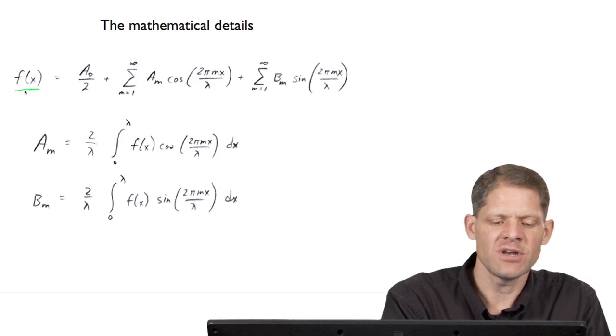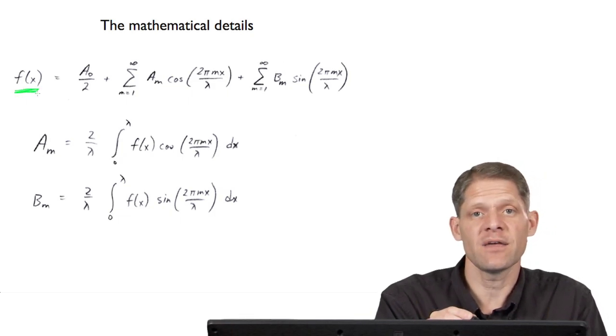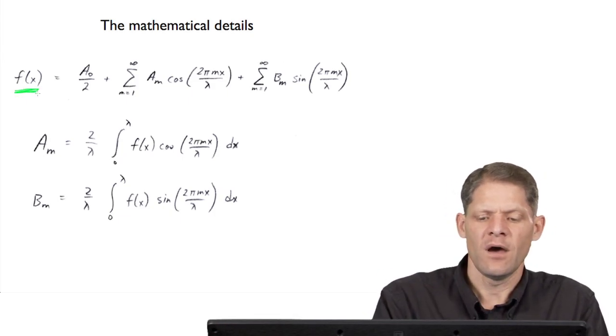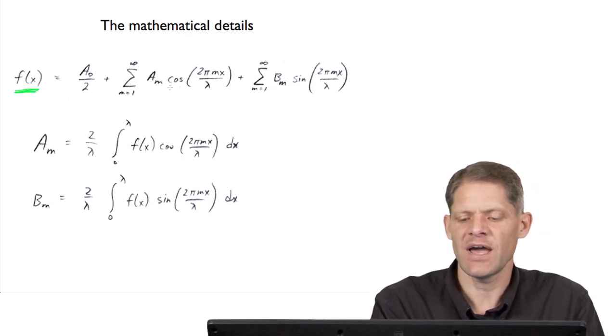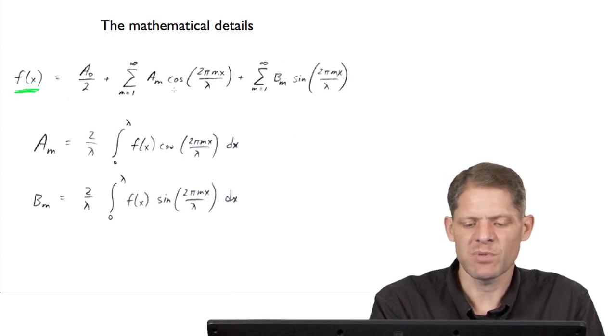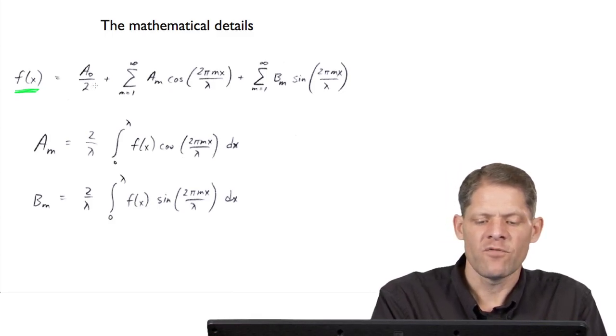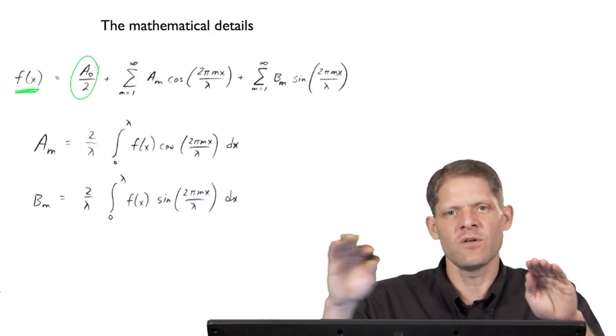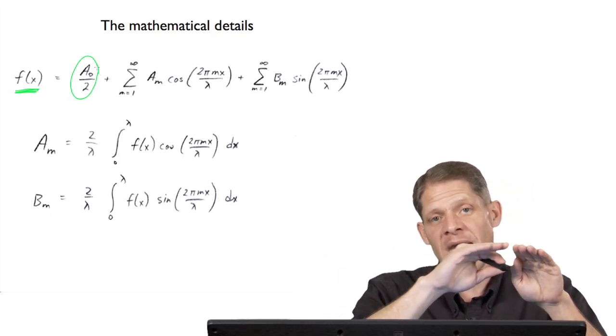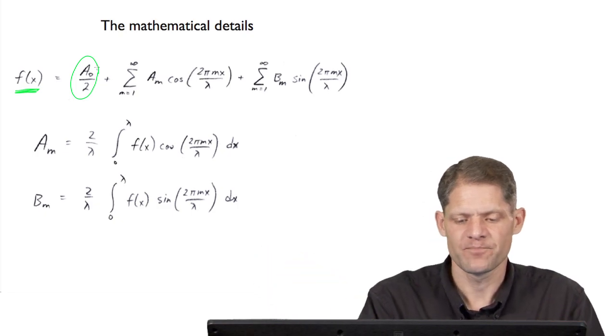Given any function f of x that's periodic and continuous, it can be decomposed into a series of sine and in this case cosine waves. I'll explain that in a moment. First of all, there is a flat wave, the wave with infinite wavelength, that simply gives the average value of the function.